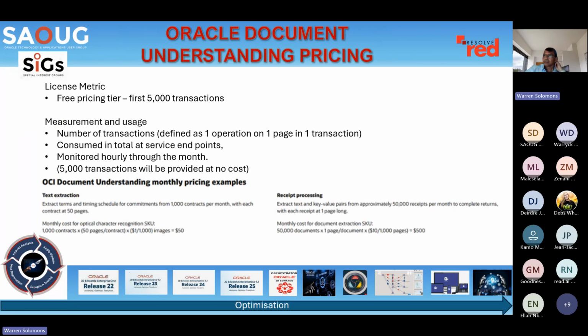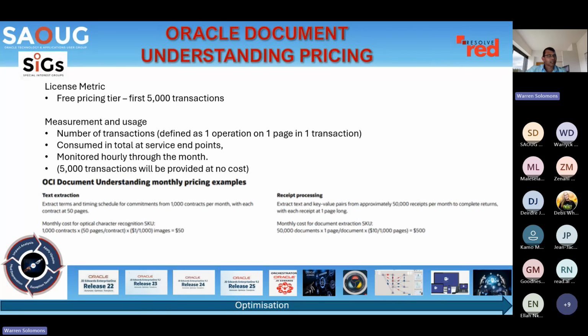Let's just understand the cost, and I think that's where everybody wants to be. How much is this going to cost us? The license metrics for Oracle Document Understanding is a free pricing tier for the first 5,000 transactions every month. A transaction is defined as one operation on one page.